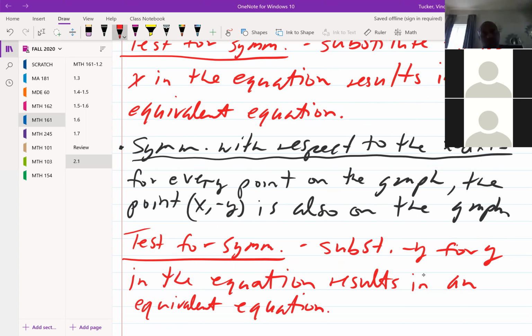All right, symmetric with respect to the x-axis: for every point on the graph, the point (x, negative y) is also on the graph. To test that symmetry, we would substitute negative y for y in the equation, and that results in an equivalent equation.